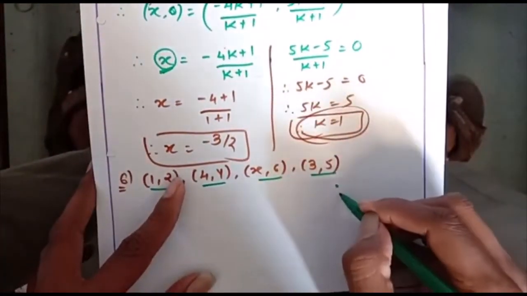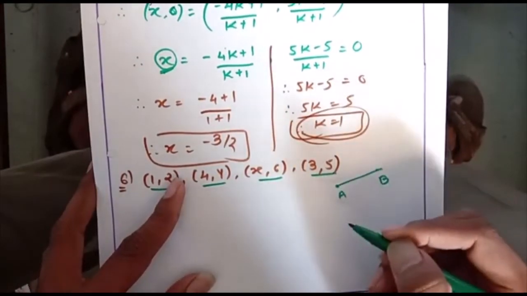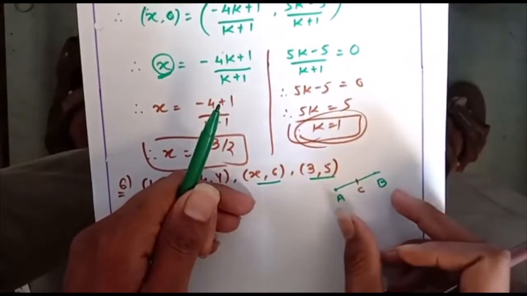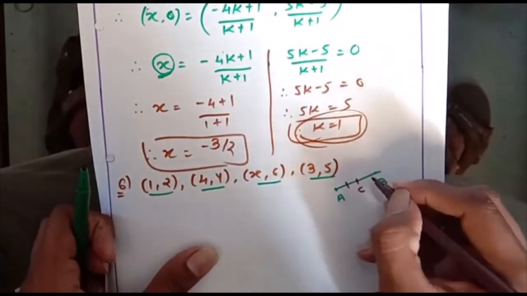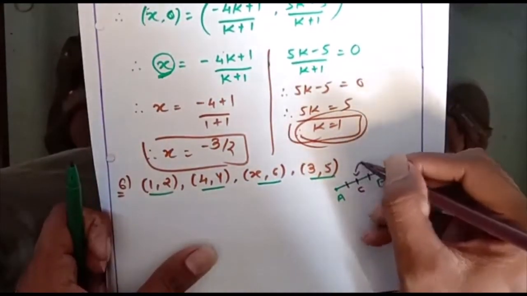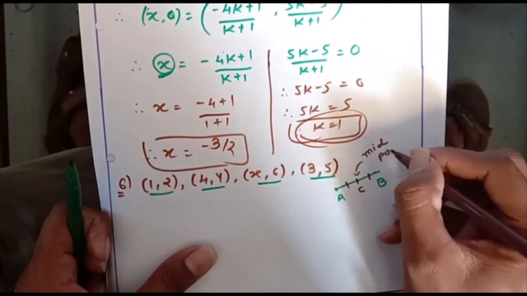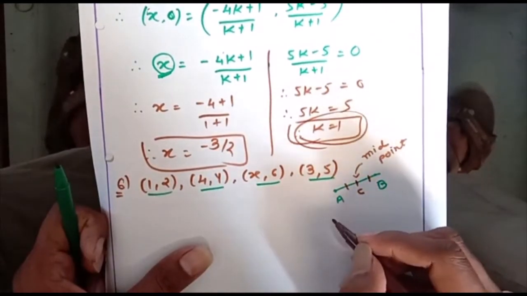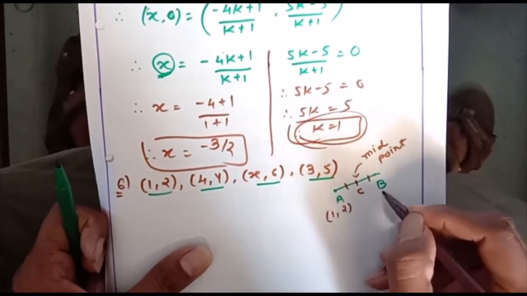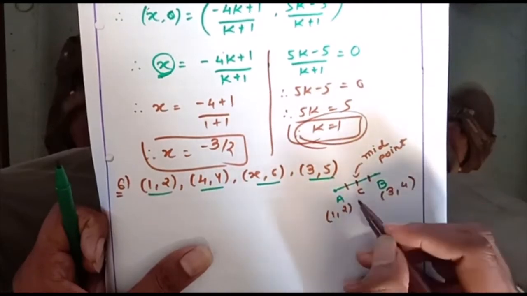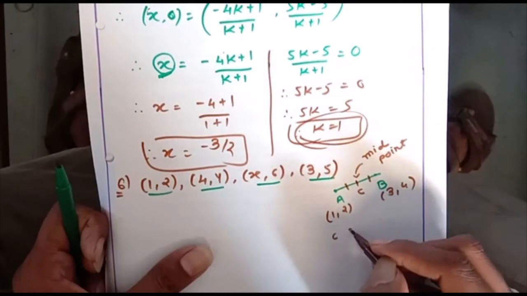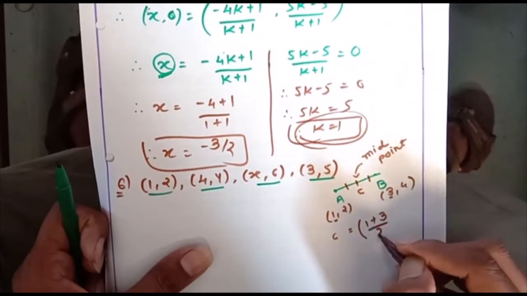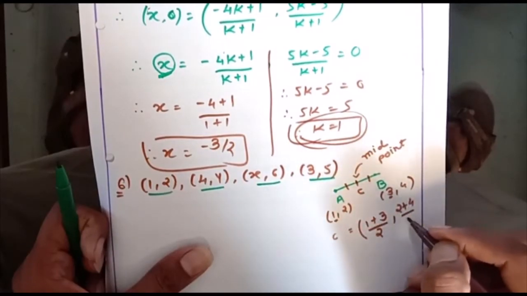Bisect means, let's take 2 points A and B, line segment AB. Here point C which bisects AB means it divides it into 2 equal parts, and it's also called the midpoint. अगर midpoint का फॉर्मूला नहीं मालूम तो एक बार देख लो फिर से. अगर यहाँ पे (1, 2) है और यहाँ पे (3, 4) है, so coordinates of C is add x1 plus x2, (1 plus 3) by 2 and (2 plus 4) by 2.